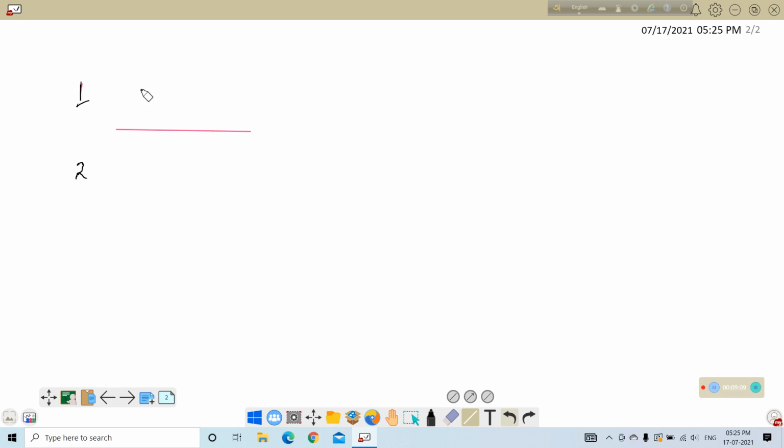Now, when light is incident at the interface of two media, this is the normal at the point of incidence. This is the incident ray.